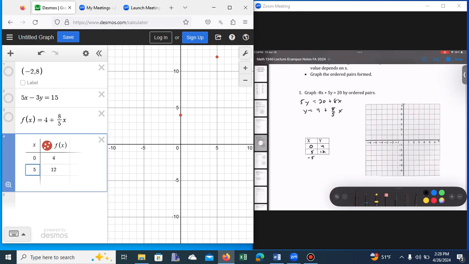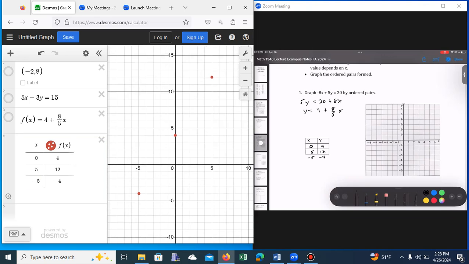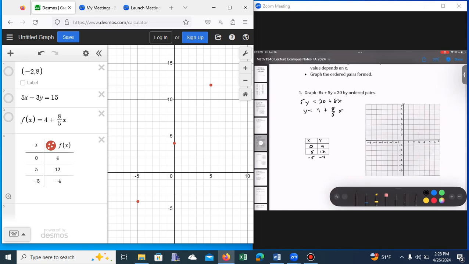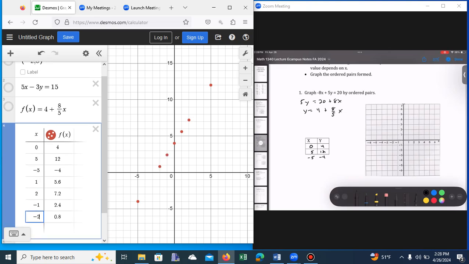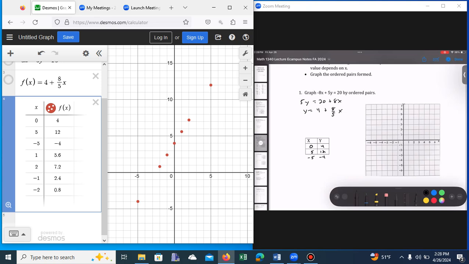Negative 5, we get negative 4. If we are graphing it by hand, those would be the easiest way of graphing it because you are going to get whole numbers by doing multiples of 5, but you don't have to. We can do 1, you end up with a decimal, 2, negative 1, negative 2. You can do as many as you want. Notice though, they're all lining up. They follow the equation. That's what's used to graph these points.